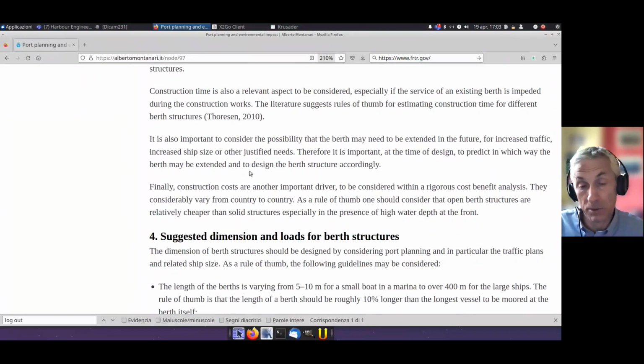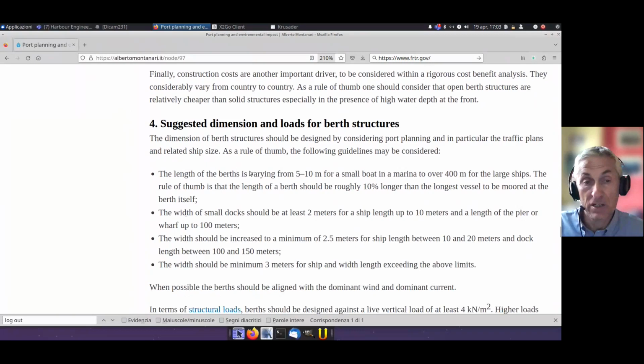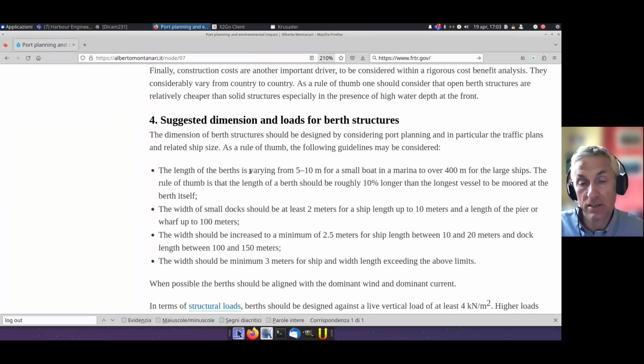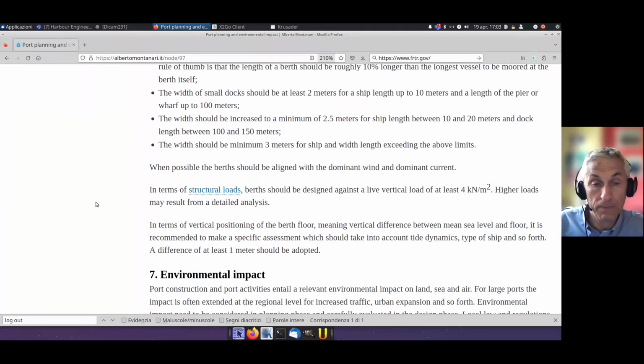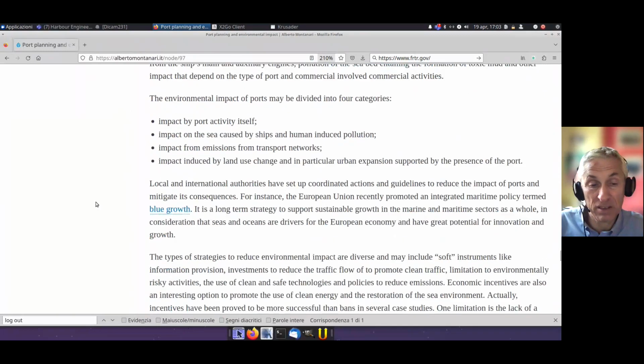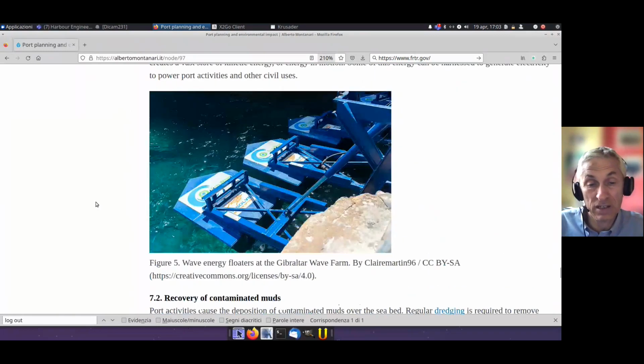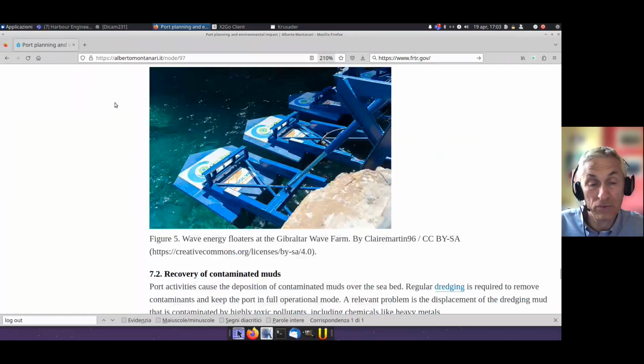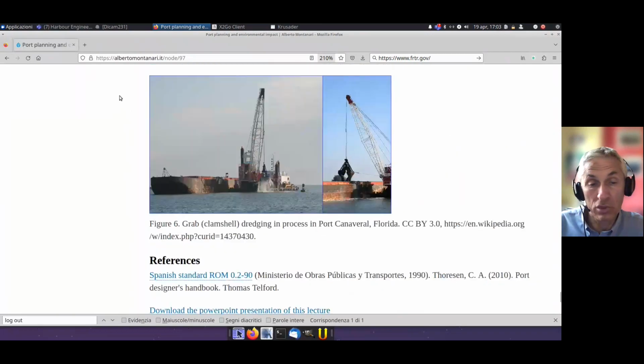This is another possible topic for the exam. Suggested dimension and loads. So the rules of thumb, when there are rules of thumb given in my web pages, please make an effort to have them in your memory and clear, because as you know, I think the rules of thumb are extremely important. And environmental impact, I wouldn't say that there is much that you have to study.